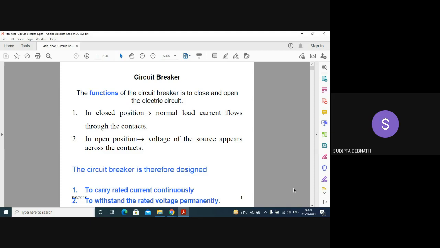So the circuit breaker is designed in such a way that it can carry the rated current continuously. There should be no overheating or any problem. And then it should withstand the rated voltage permanently. Okay, if the circuit breaker contacts are open, it should be able to withstand the rated voltage.